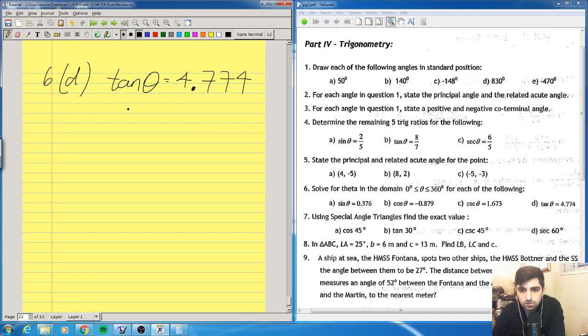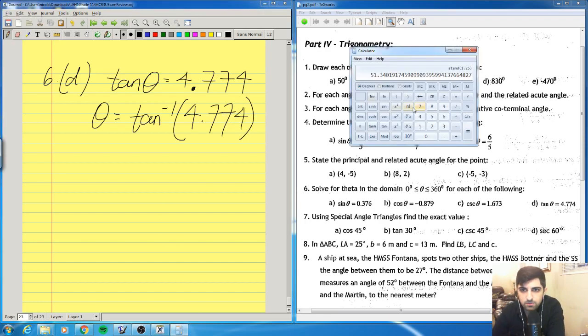And so solve for theta. So this is pretty easy as well. Theta equals inverse tan of 4.774. Okay, I'm going to try to use this calculator and see what happens.